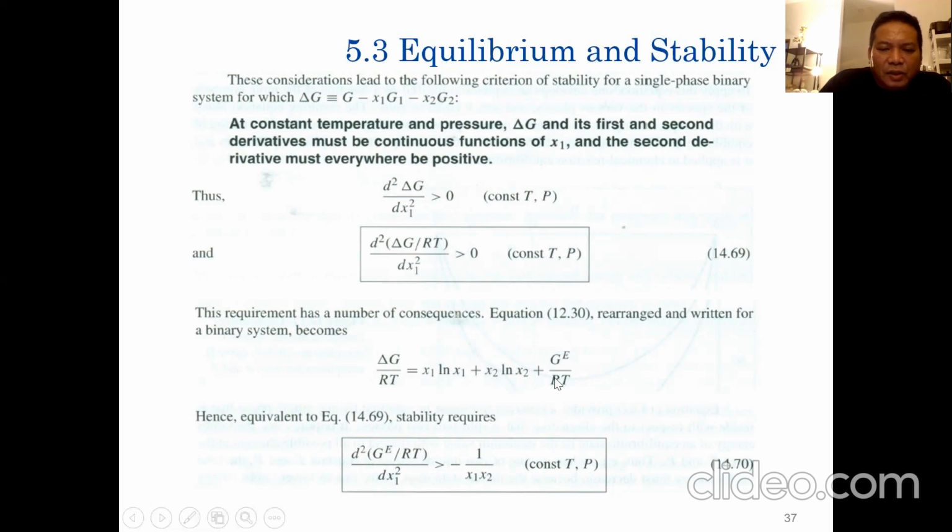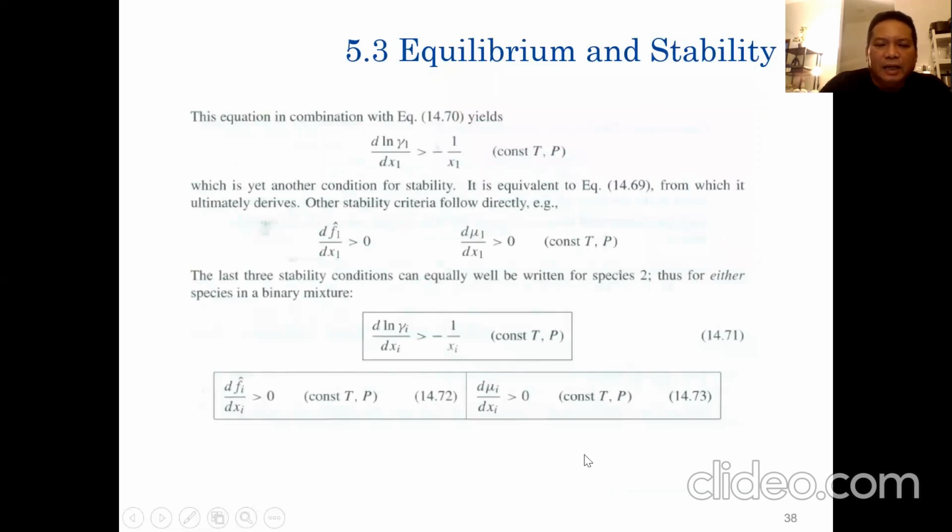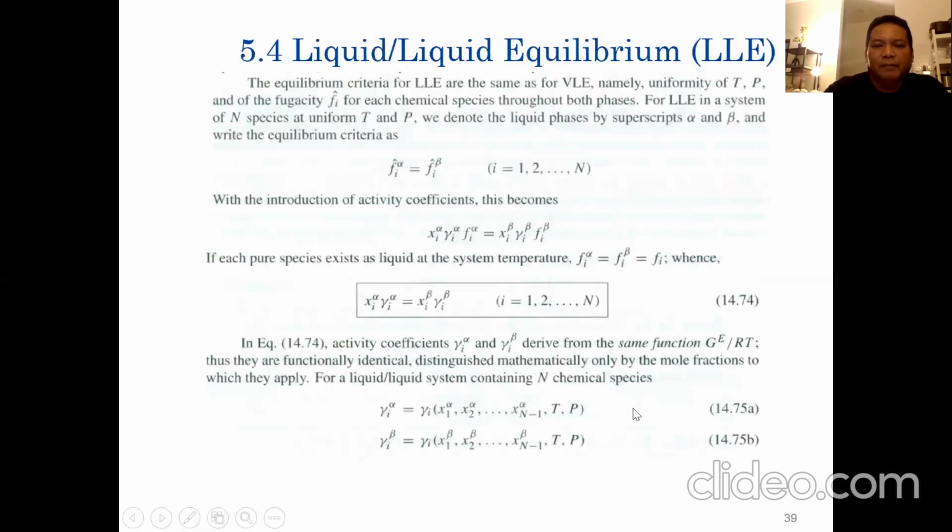So the second derivative should be bigger than the negative of this value at constant T and P. Toward the end, if we derive it again, we found that the change of ln gamma with respect to dx1 should be bigger than zero, and also the chemical potential here, d mu i over this, should be equal to zero also. Liquid equilibriums.